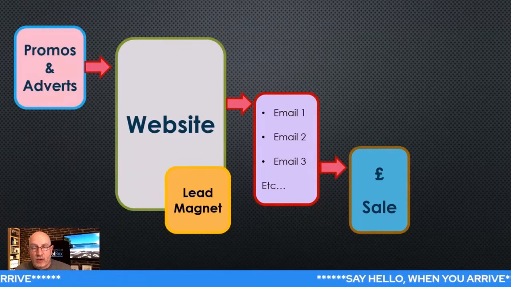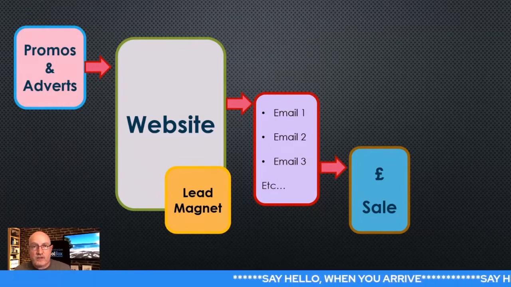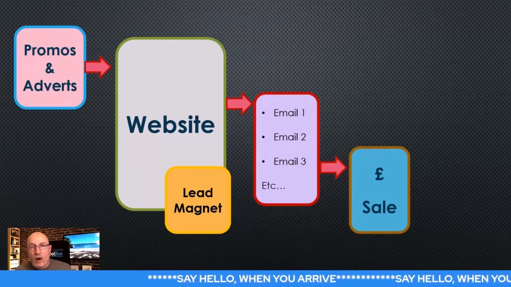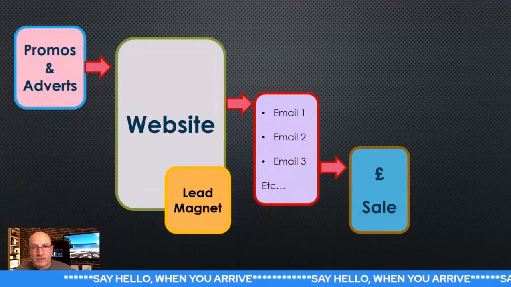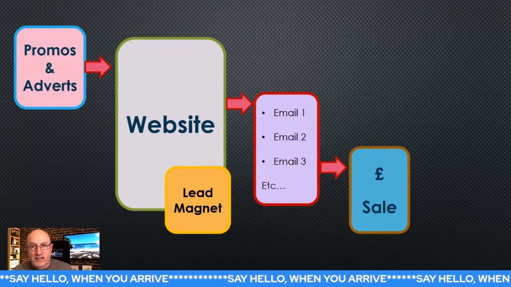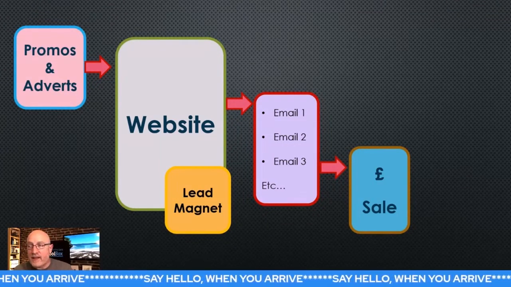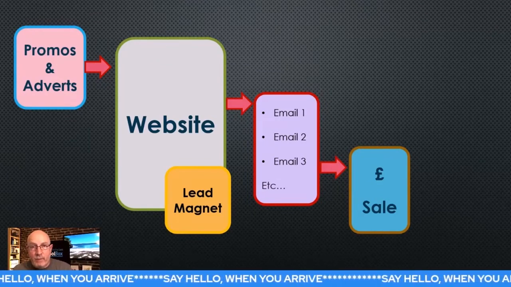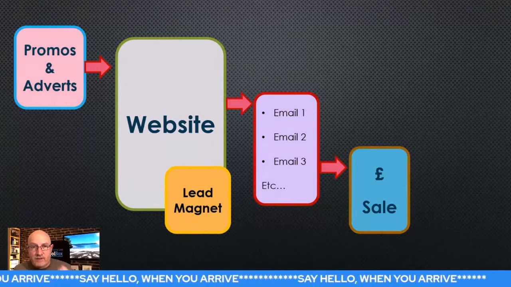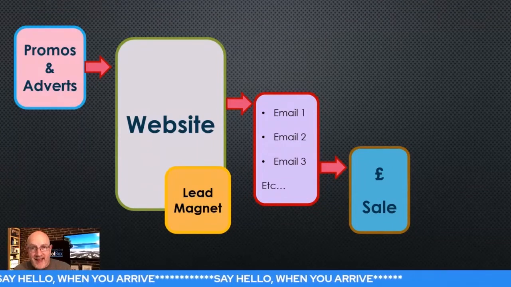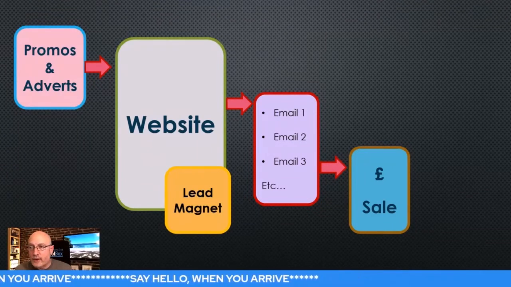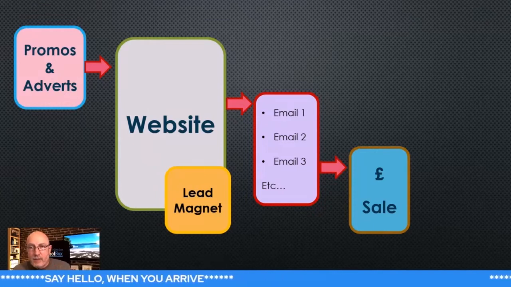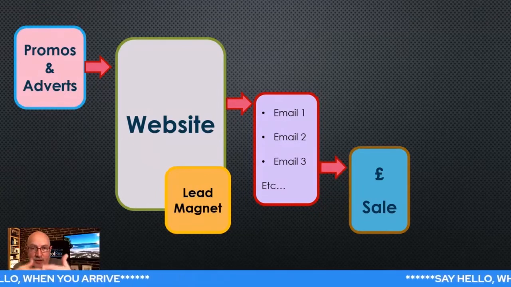It could be a downloaded PDF document that talks about electrical safety in the home, or about a specific aspect of something that you do. So if you work on garden lighting and you're specialist in that area, then the lead magnet may be either a video or a booklet or a series of testimonials from customers that tell them about what it is you do. But you would have something that allows you to capture the details.